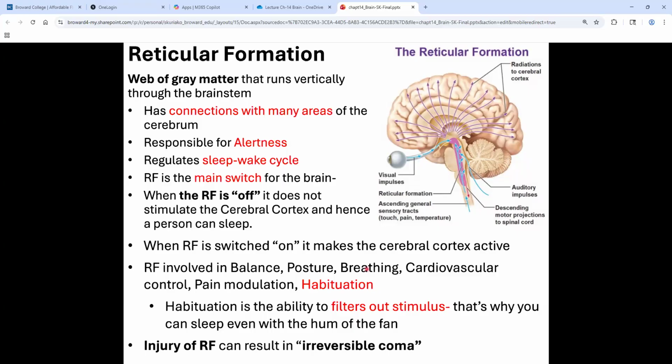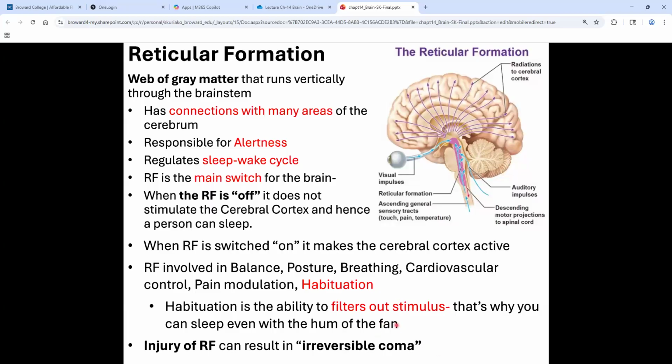Otherwise, people in New York cannot sleep because most of the people live where the subways are going, right? And there's always a train going. So they sleep comfortably because of this process called habituation. Again, that is a function of the reticular formation. What it does is that it filters out some stimulus, and that's why you can sleep.